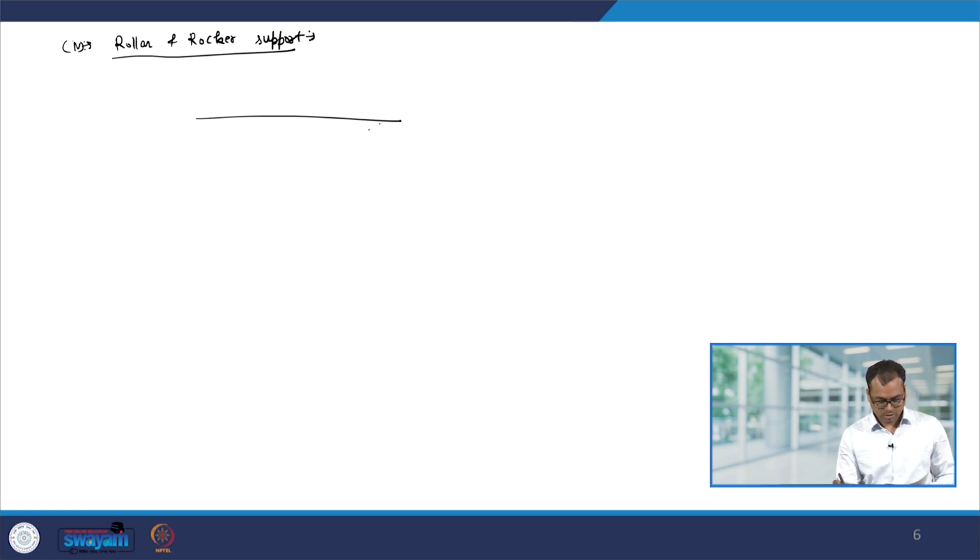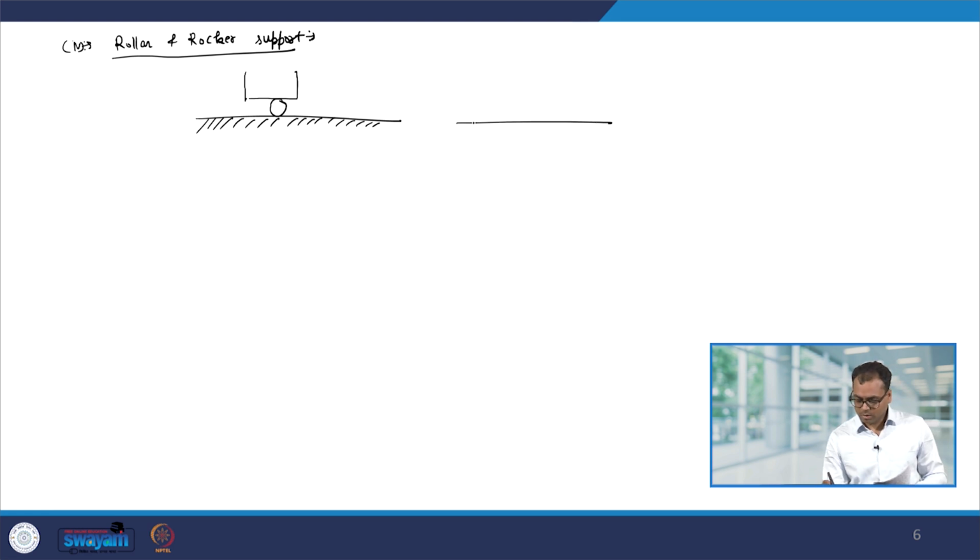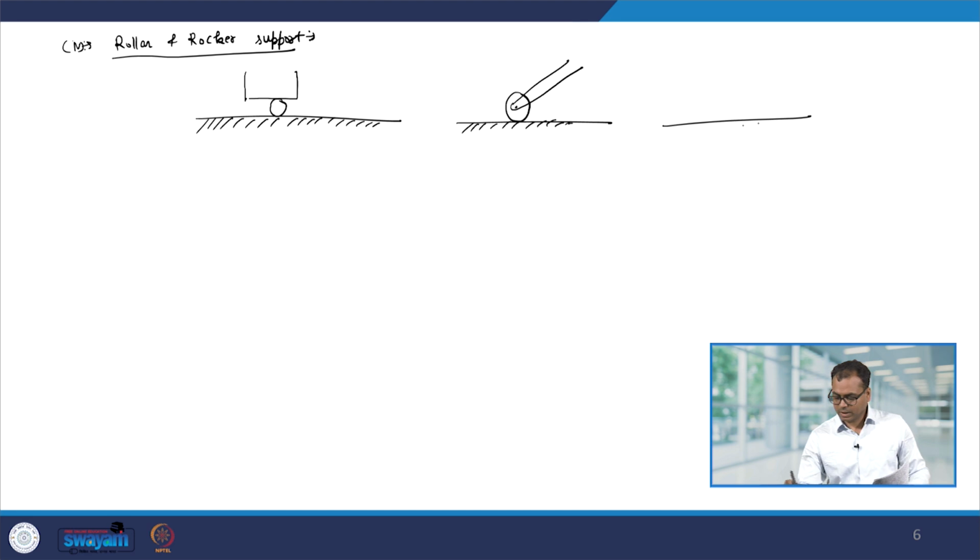Suppose I have a supporting surface and on this I have some kind of roller, by that a body is held, or we can have this kind of configuration, or we can have this kind of configuration.